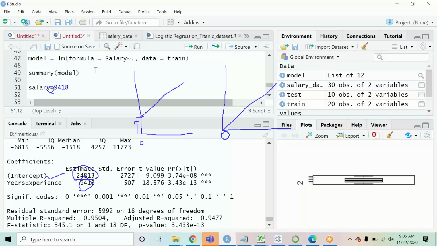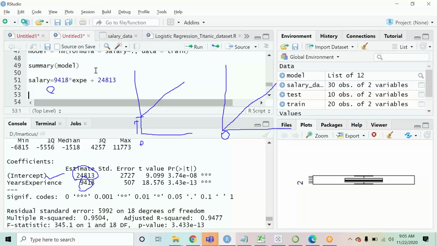9418 multiplied by experience plus intercept. The intercept value was 24,813. Now this is the final equation that I have got. Suppose a person has 3 years of experience, what will be his salary?